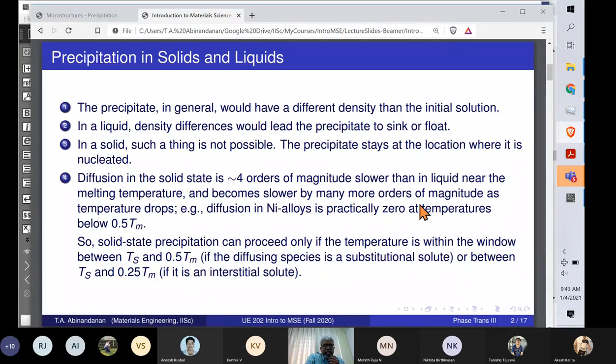Whereas in the solid state, things take a very long time, and you have to wait for days and days to see stuff. First of all, in many cases, you may not even be able to see stuff because it's all buried inside the material, and you have no direct way of looking at them. And second, they're also extremely tiny. Even for producing such tiny things of the order of micron or less, you would have to wait for a long time.